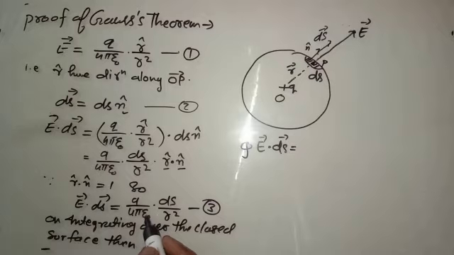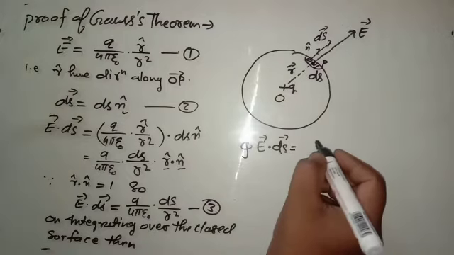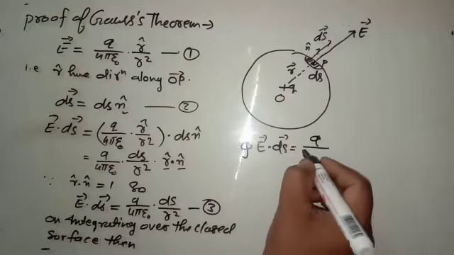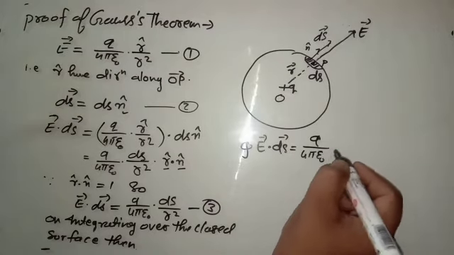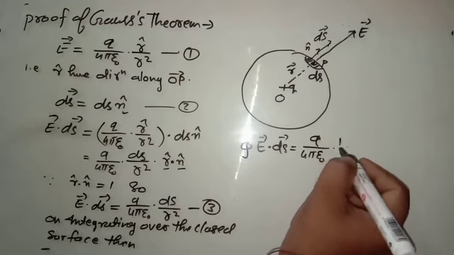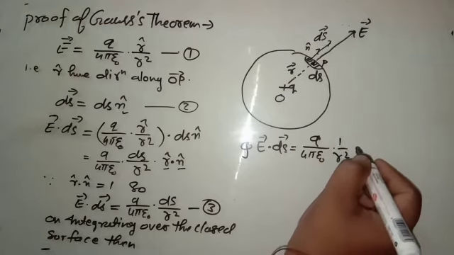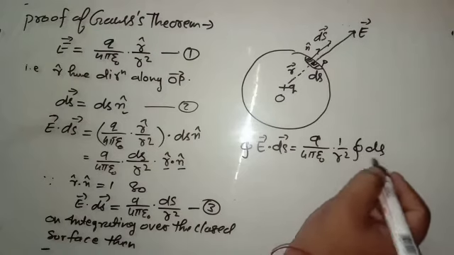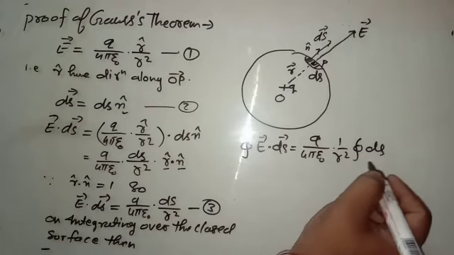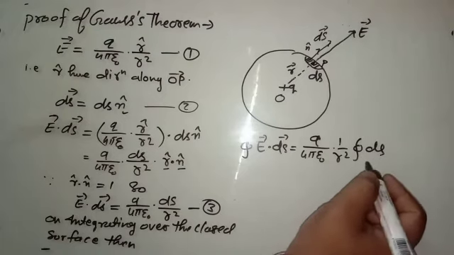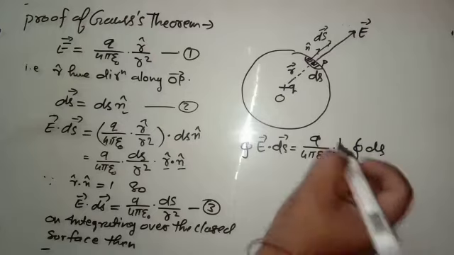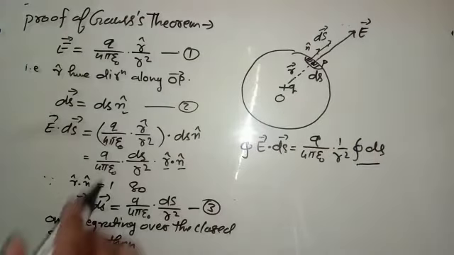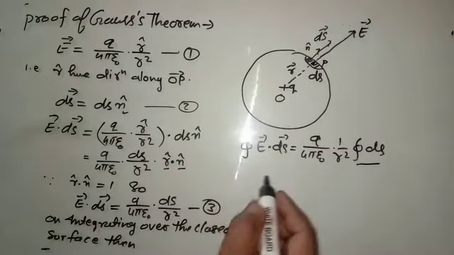This term we have taken as a constant, q upon 4 pi epsilon naught into 1 upon r square closed integral ds, and this closed integral ds is the total surface area of the surface which encloses the charge.